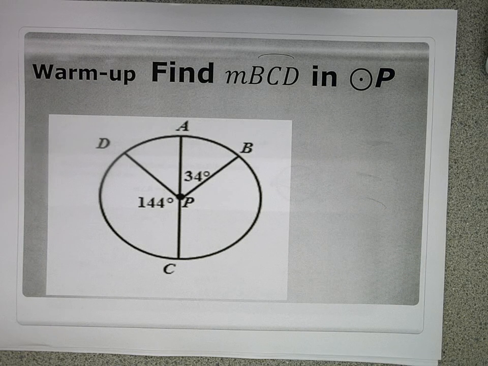I'm going to give you a couple minutes to talk about this in your groups, and I will tell you the answer once you have tried this. If you haven't turned in the homework, this is a good time to turn it in, or for the sub to collect it while you're trying this. I'll give you a few minutes.